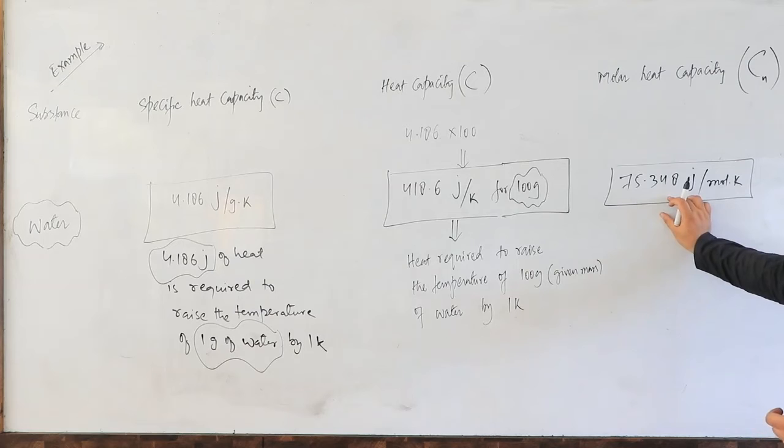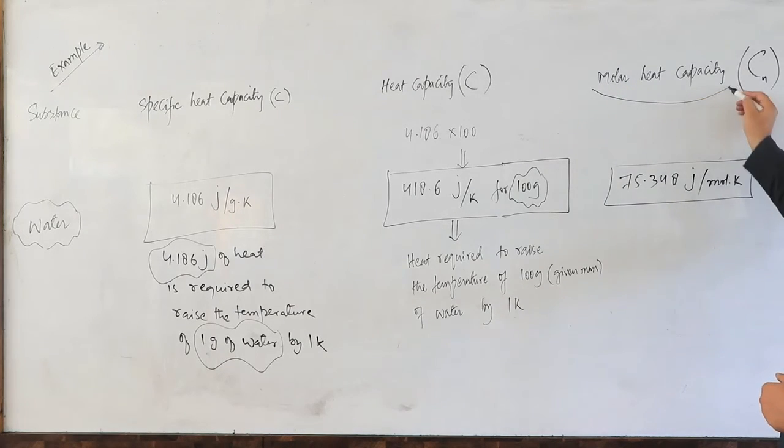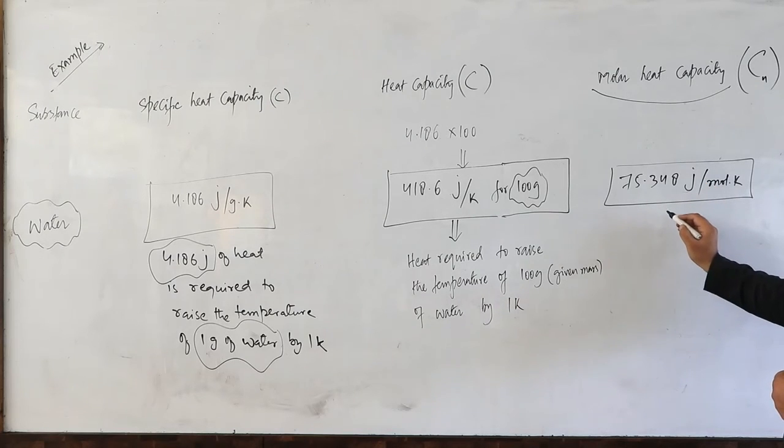now look here, my dear friends, if you look here, you will find that this is the molar heat capacity. It's with respect to 1 mole. So how can we understand that it's with respect to 1 mole? Have a look. The actual expression is like that.